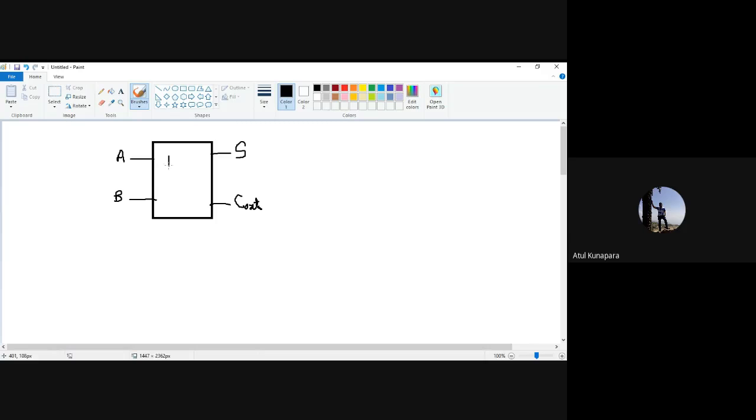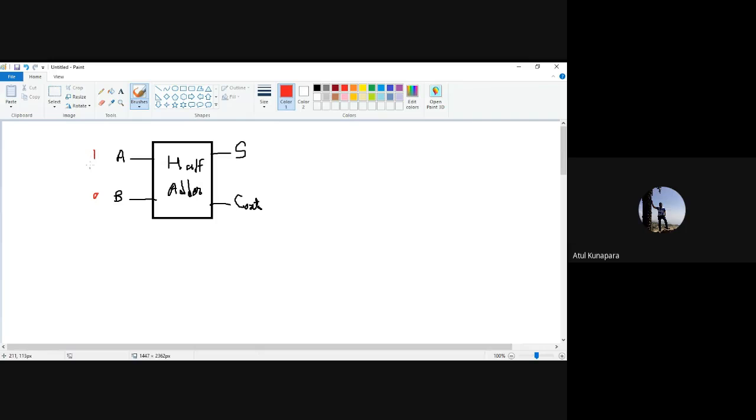So in this half adder case, we can see that the output of this circuit, that is sum and carry, depends only on the present state of A and B, right? What I mean to say is, suppose you are giving input A as 1 and B as 0 right now at present. Now consider that we are talking with respect to time.